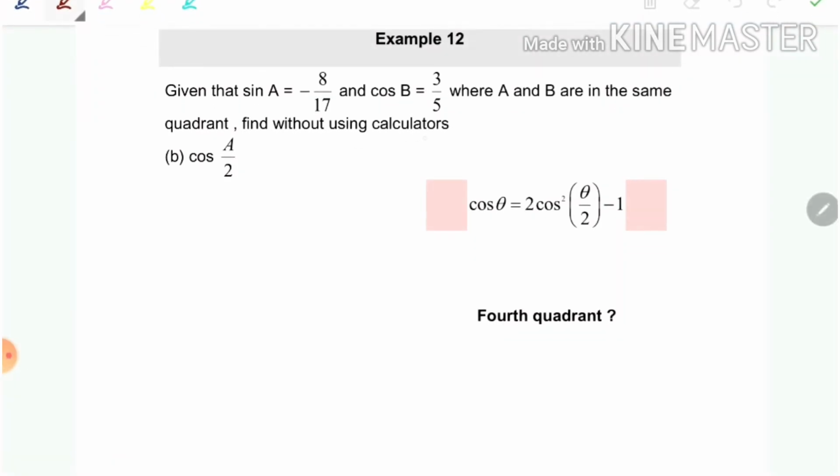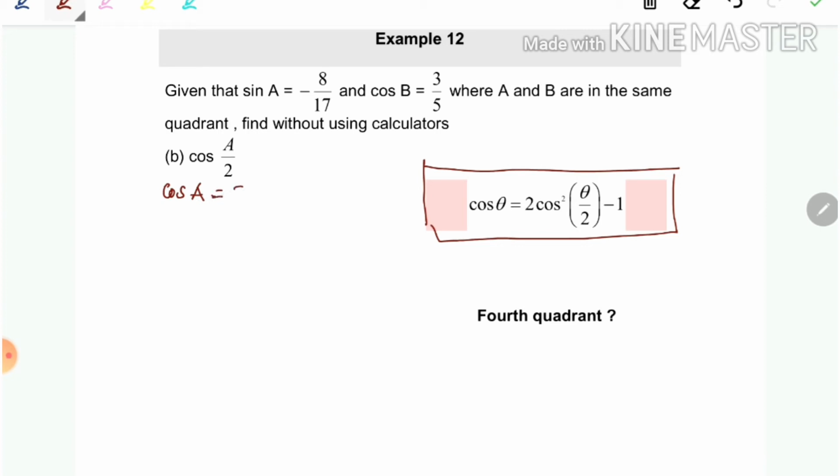Without using a calculator, find b, cos A over 2. To find this half angle, we use the half angle formula. Next, let's manipulate this formula. We have cos A equals 2 cos squared A over 2 minus 1. Then 2 cos squared A over 2 equals cos A plus 1.